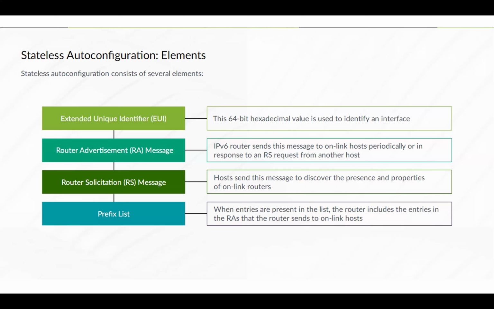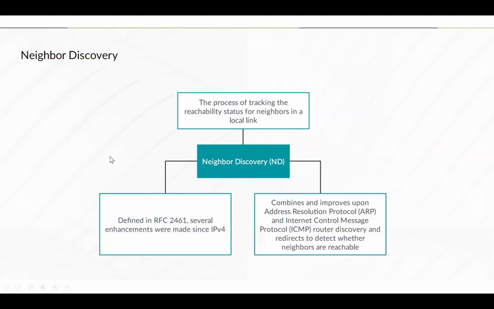That is the difference between RA and RS. That means request and response. And the last one is the prefix list. When entries are present in the list, the router includes the entries in the RA that the router sends to on-link hosts. That is the final confirmation message of auto configuration.